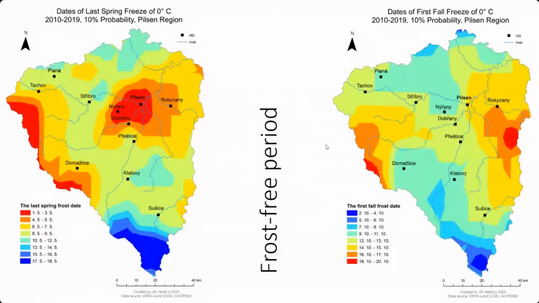As I mentioned, you usually want to know the probability of freezing, not the last freezing day in the last year or the year before. But if you take, for example, 10 years and you calculate the date after which only 1 year still had freezing, this is what this map tells you. So you can say that in this area after the 1st of May there is only 10% chance of freezing, and vice versa for the fall period.